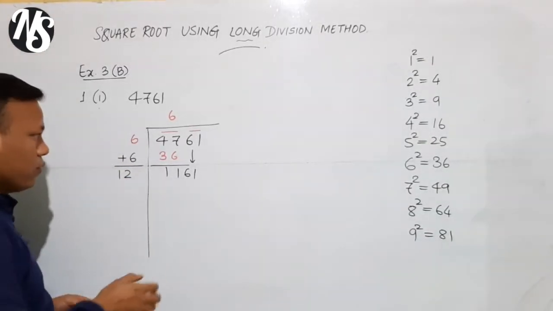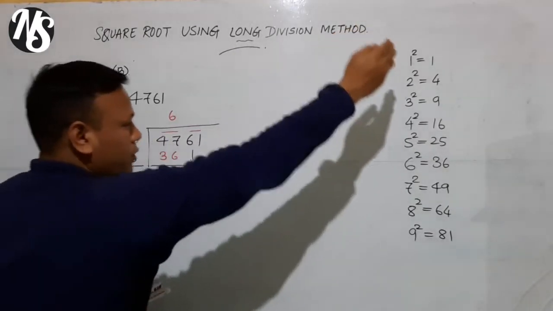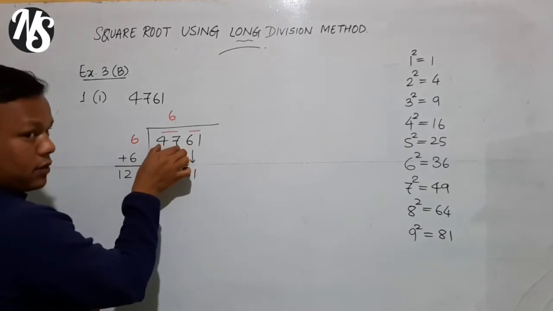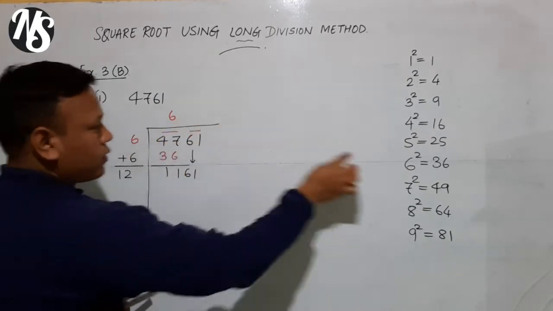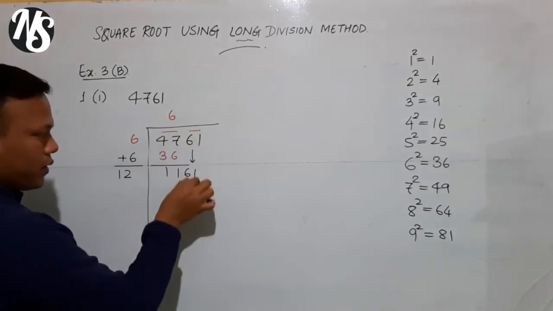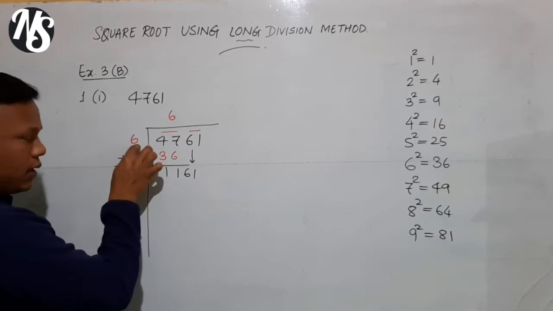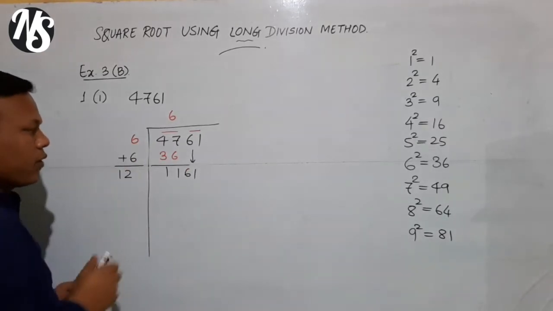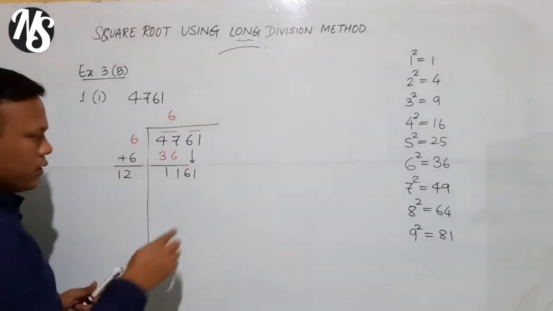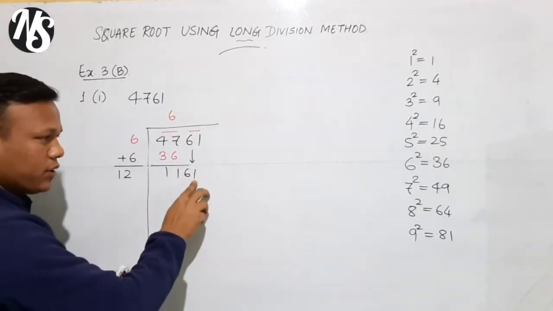So first and foremost, search for the number which is just less than this, and write that number. 6 into 6 is 36, subtract, bring the pair down, add the same number, and you get this much. Now next, in the units place, or ones place, there is 1.